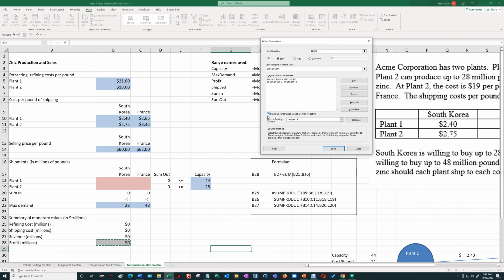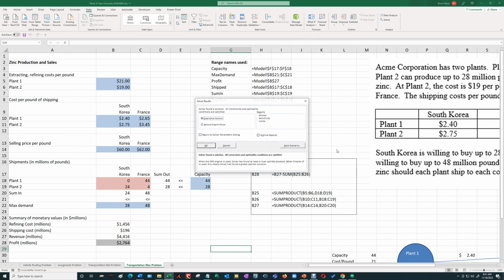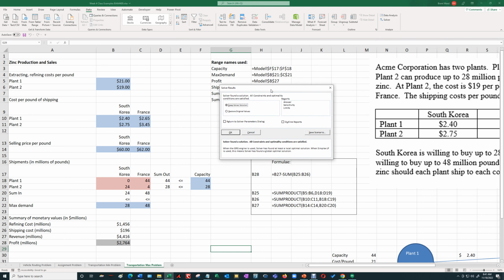Okay, make sure that this checkbox is checked and that you've selected the Simplex LP method from these three here, and then click on Solve. And you can see what it did was it says that you should ship 0 product from Plant 1 to South Korea, but ship 44 million pounds to France, and that will put Plant 1 right at its capacity.